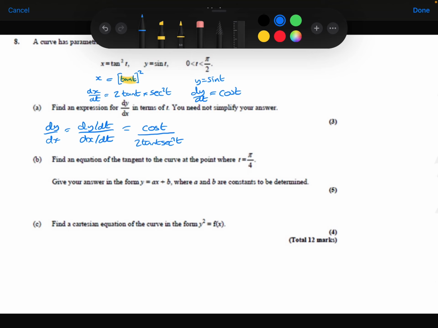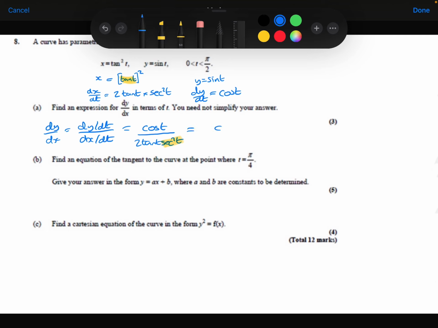However, I can see in part B, it says, find an equation of the tangent to the curve at the point where t equals pi over 4. And substituting pi over 4 into this, the way it's written at the moment, is a bit awkward because I can't really substitute sec squared. So I am going to simplify this a little bit. I know that sec squared is the same thing as 1 over cos squared.